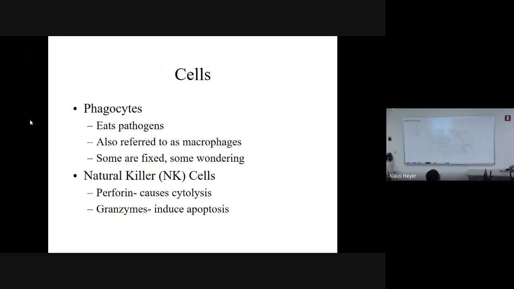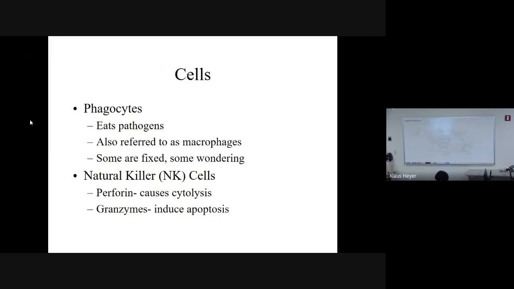So we got 2 kinds of cells that are in this second line of defense. Remember, this is still general immunity. This is not specific immunity. So one is a phagocyte. There's slight differences, but really we use the terms phagocyte and macrophage interchangeably.